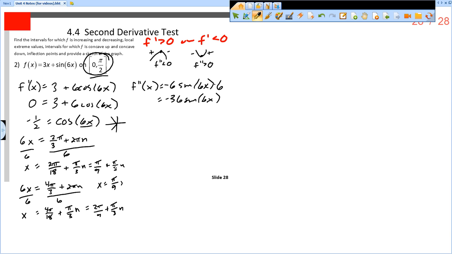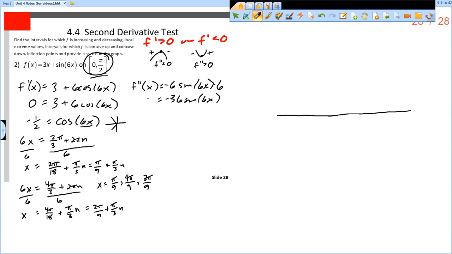And so 1 pi over 9 plus 3 pi over 9 is 4 pi over 9, which is still between 0 and pi over 2. All right, and then over here we have 2 pi over 9. So obviously that is included, right? But then if I add 3 pi over 9 to 2 pi over 9, that's 5 pi over 9, which is greater than half of pi. So we have these three values that would go on our number line. All right, so we'll put those on our number line in just a moment.